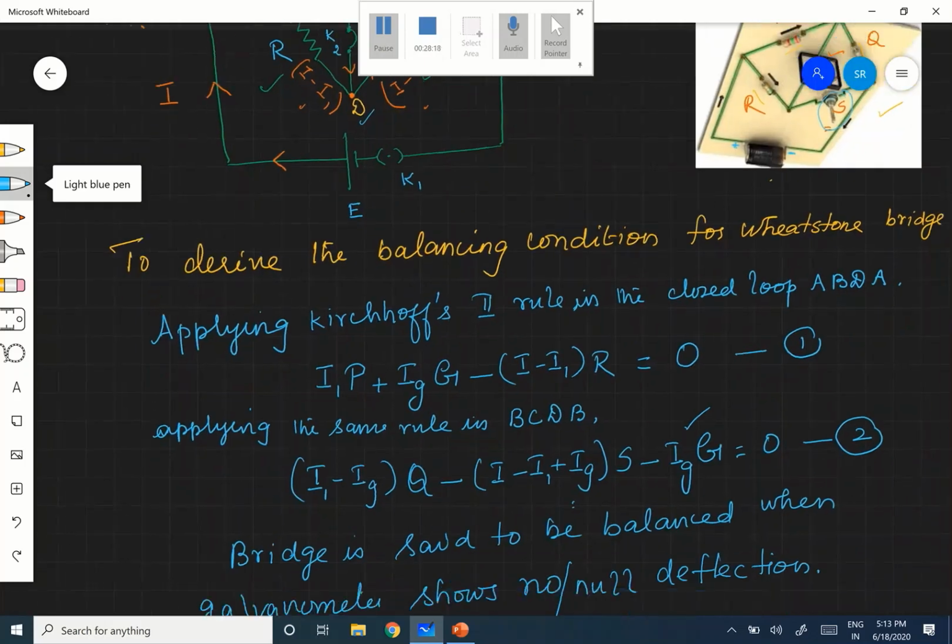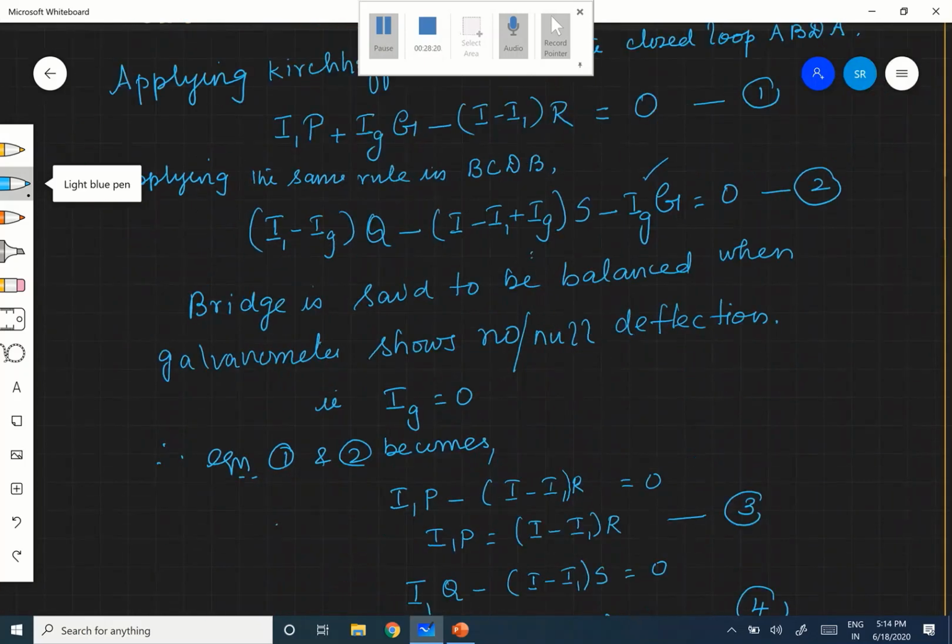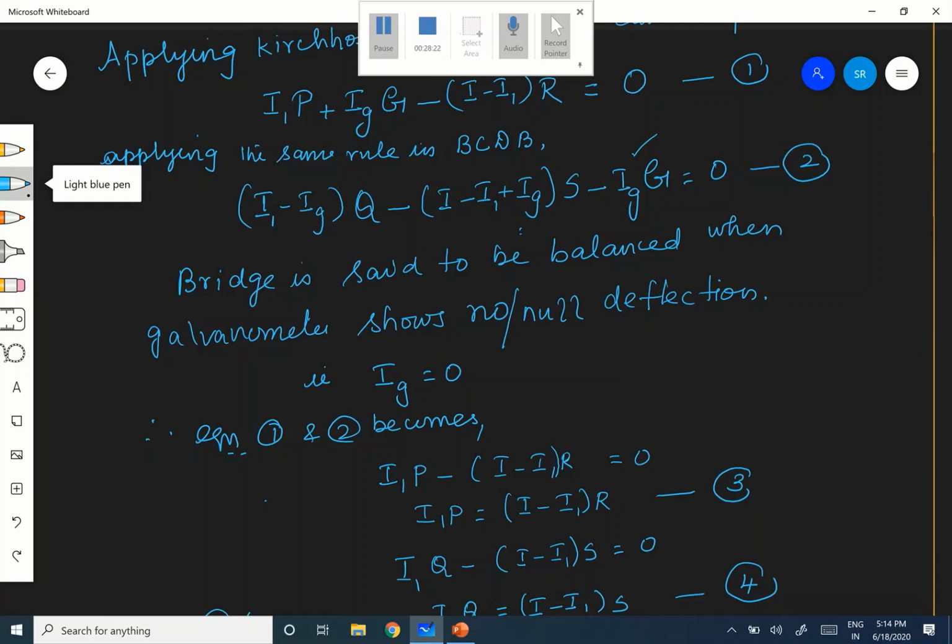Because we are using the null method here, whatever reading we measure for the unknown resistance is very, very accurate.